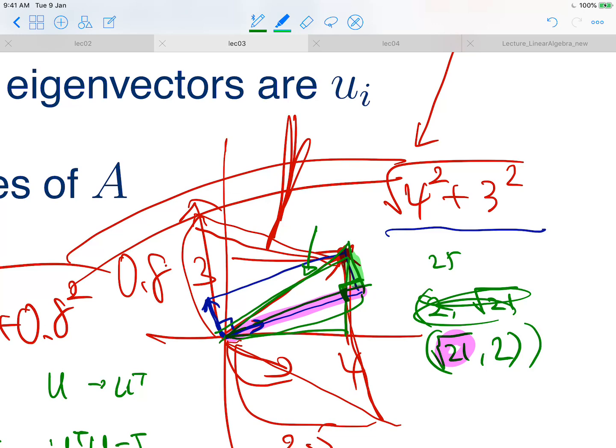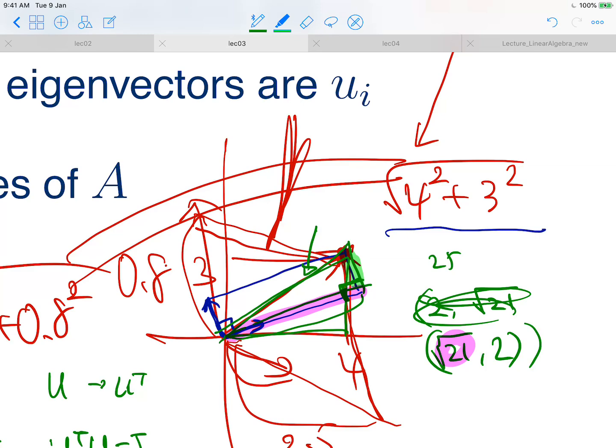So suppose that is our new coordinate with respect to the new basis, also an orthonormal basis, okay?